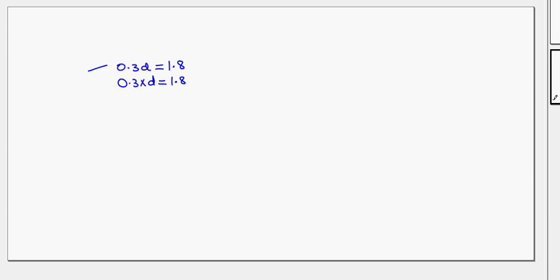You agree? And the opposite of multiplying by 0.3 is doing what? Dividing by 0.3. So what we will do is divide by 0.3. And what's the rule? If we do it on the left hand side, what do we have to do on the right hand side? Same exact thing.